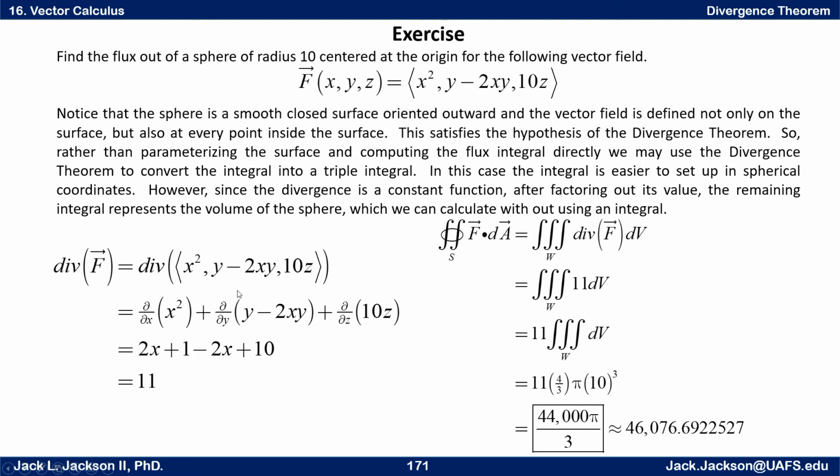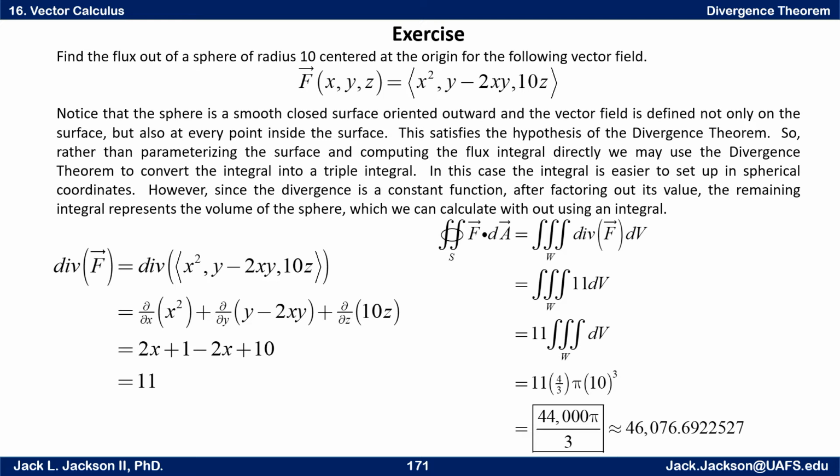And that makes this one really easy to do, because now the surface integral of F dot dA over that surface is the triple integral over that sphere, not just the sphere, but the inside of the sphere as well, of the divergence dV. But the divergence is 11. We'll pull that 11 out front. That triple integral is the volume of that region, and that region is just a sphere.